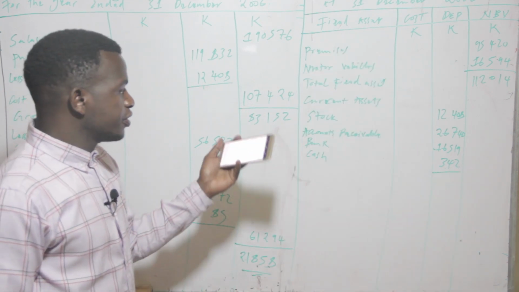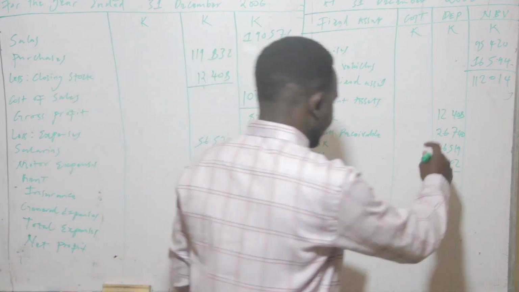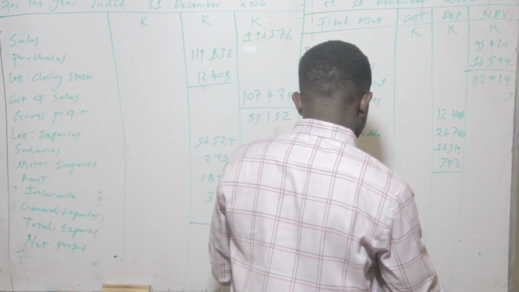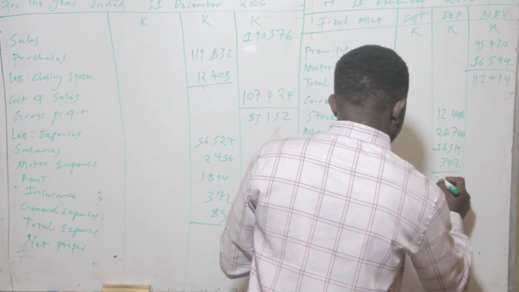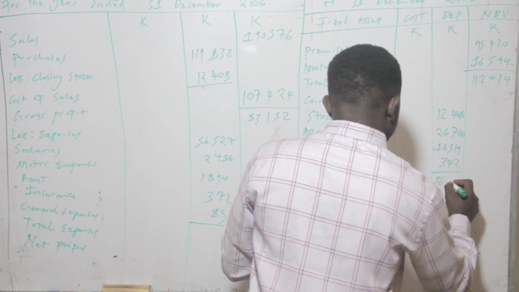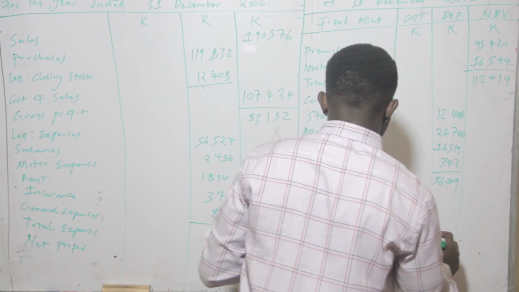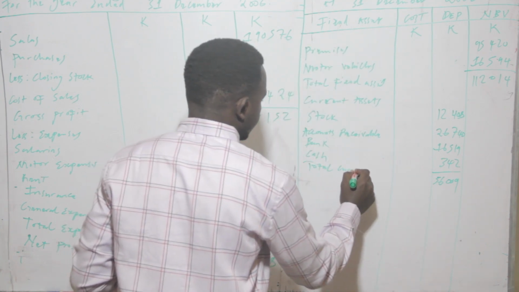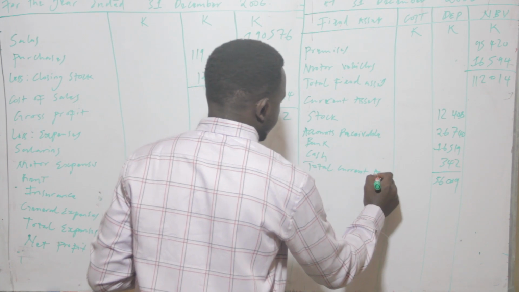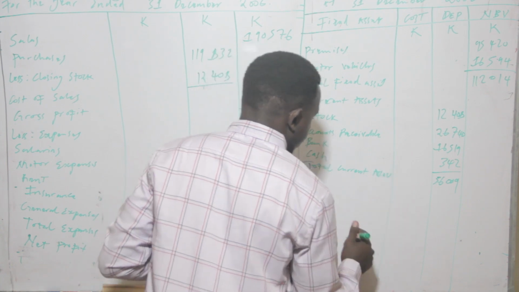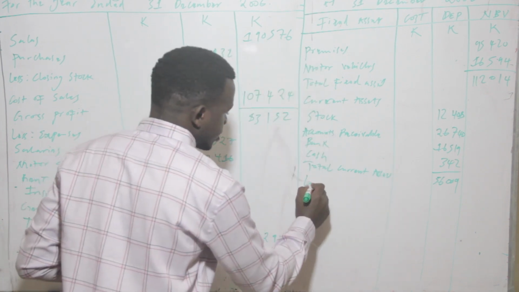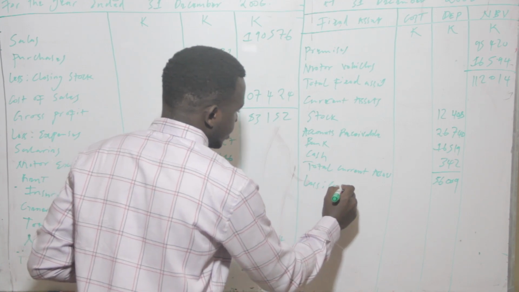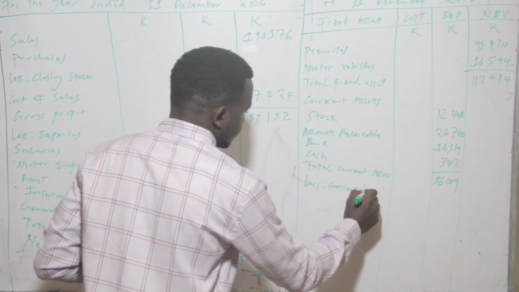So we are going to find the total. When we find the total there, we are going to have 56,009. So we are going to say total current assets. Then we can say less current liabilities.